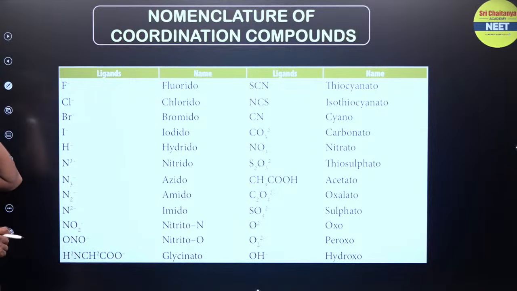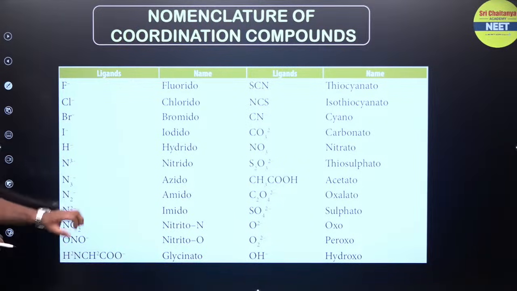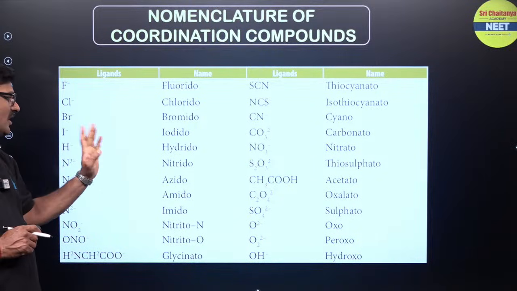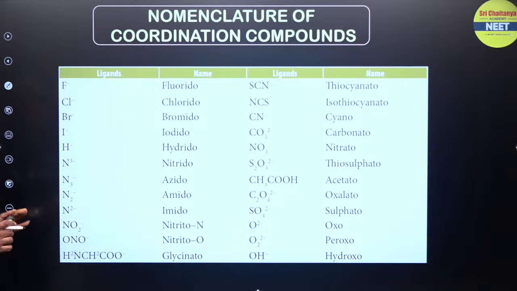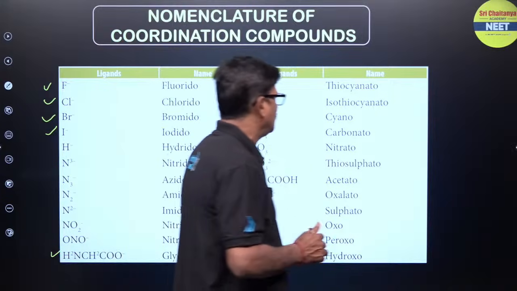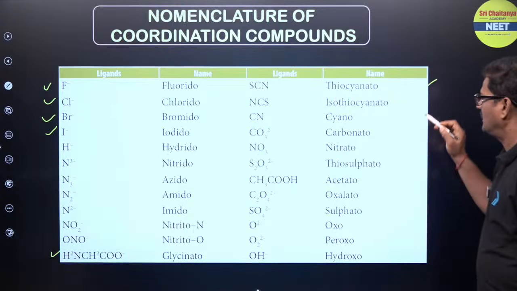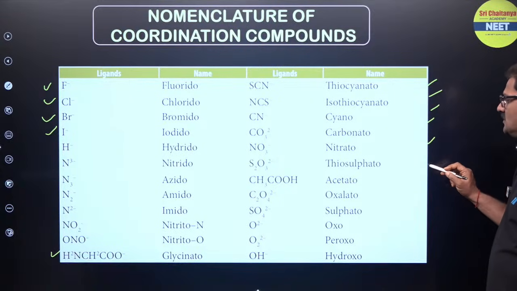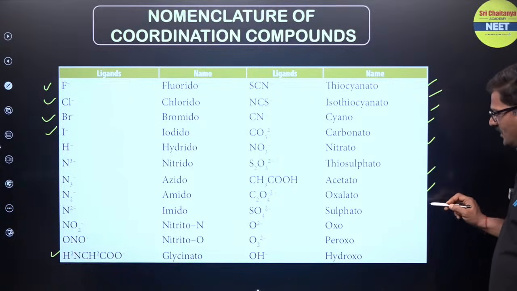Now let us see the ligands and their names: fluorido, chlorido, bromido, iodido, hydrido. Not everything is required. Glycinato is required; iodido, bromido, chlorido, fluorido are required; thiocyanato, isothiocyanato, cyano, carbonato, nitrito, acetato, oxalato, like this.